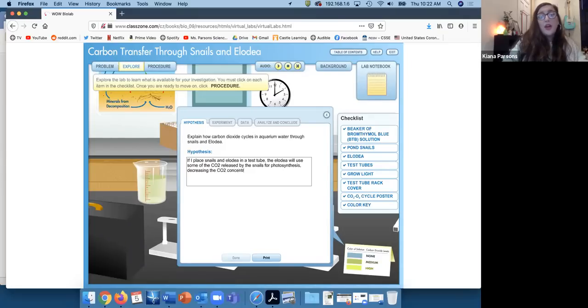And the way we're going to measure that, the CO2 concentration in the test tube, which is our dependent variable, is by using that little color key, this thing down here.